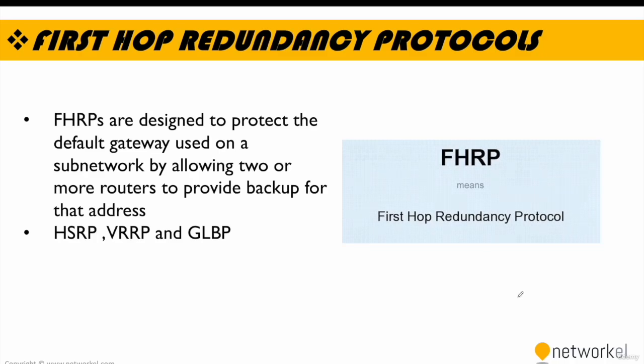That is Cisco proprietary again, and it provides redundancy while also load balancing of the traffic among multiple routers. Okay, so there will be multiple active routers which can forward packets for the same virtual IP with GLBP.